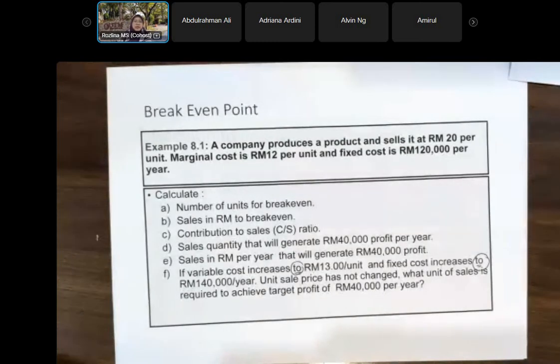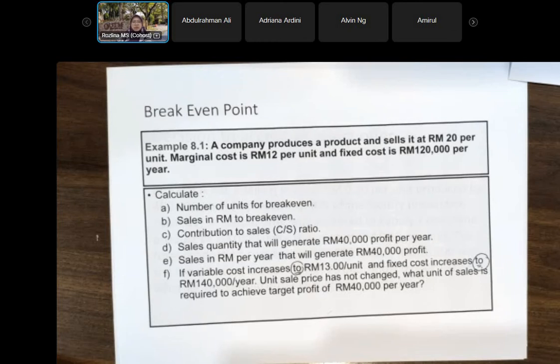And then a customer offer you one-off purchase 100,000 unit at 13 cent per unit. Should this offer be accepted?